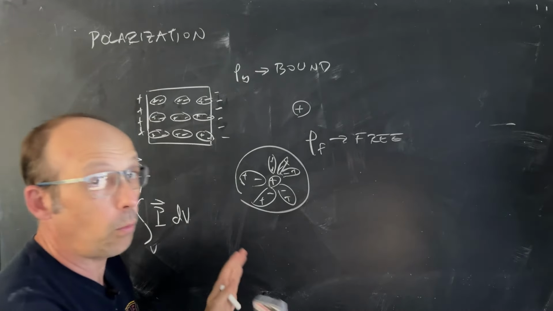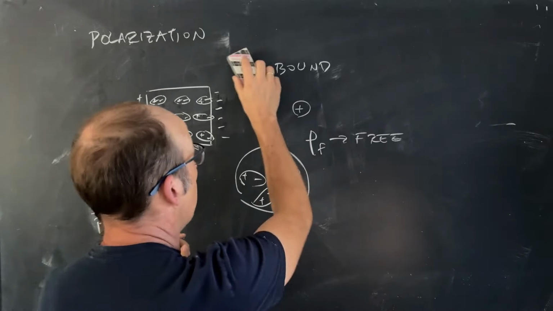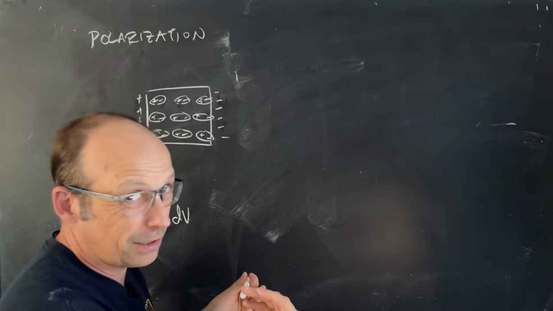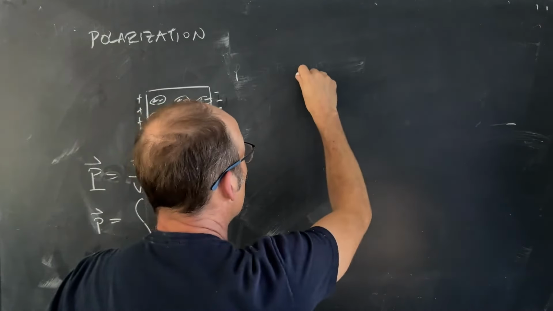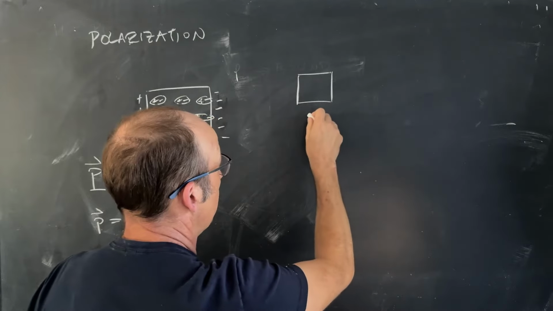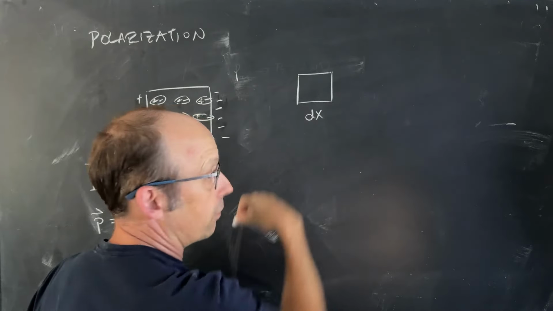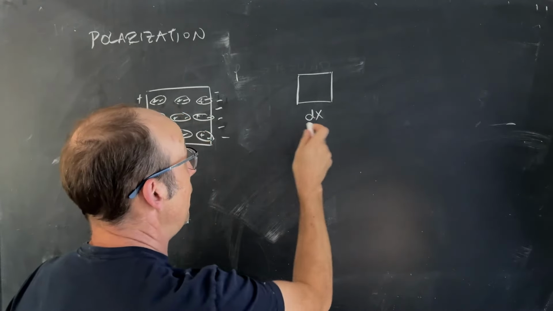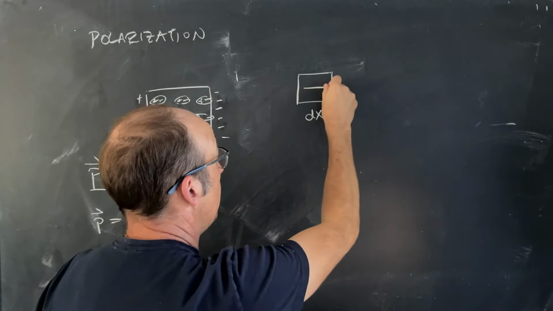Now, this is a kind of a wonky derivation. The book has a much more robust derivation, but I like this because it just helps you see what's going on. So imagine I have some tiny little block. It's a cube, and it has a width of dx, and its volume is dx by dy by dz. And this has a polarization in the x direction.